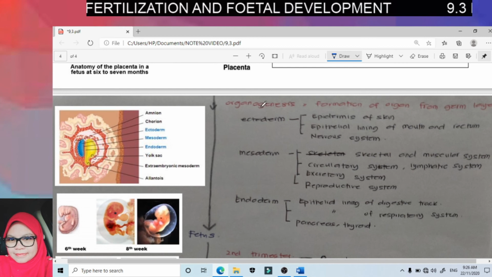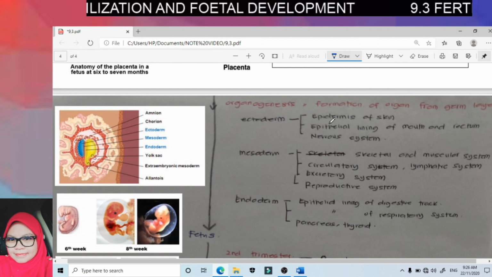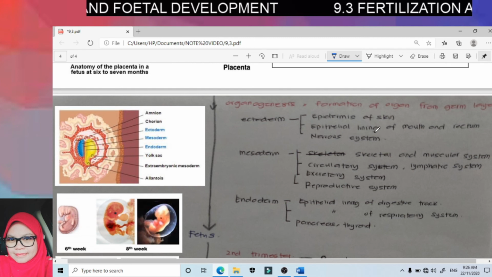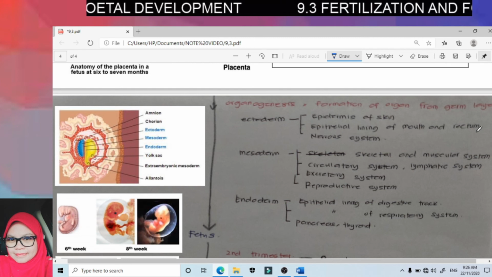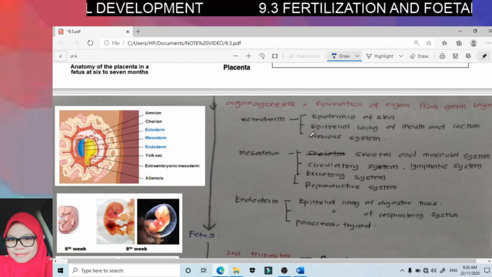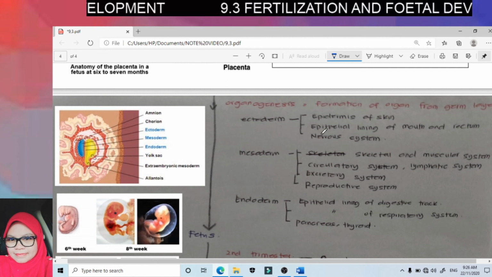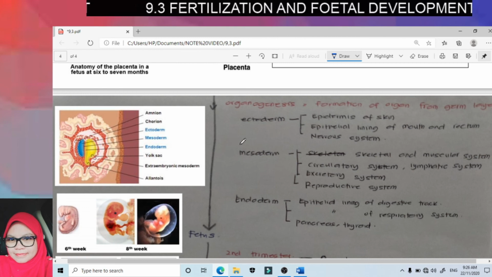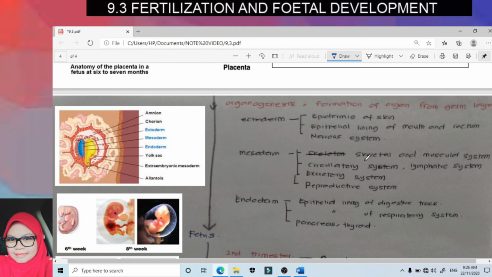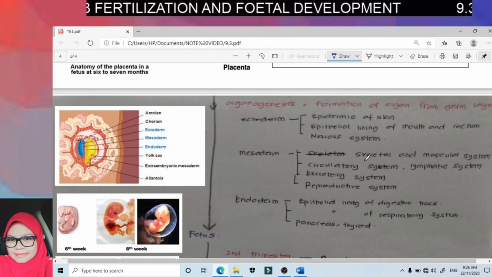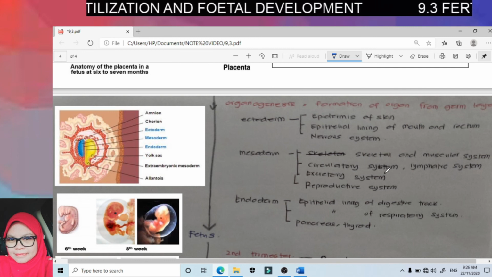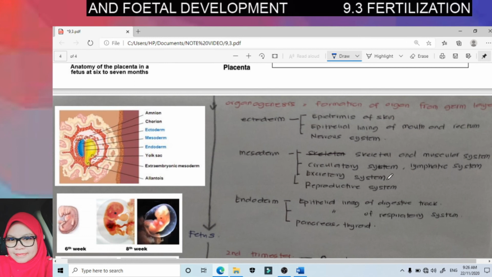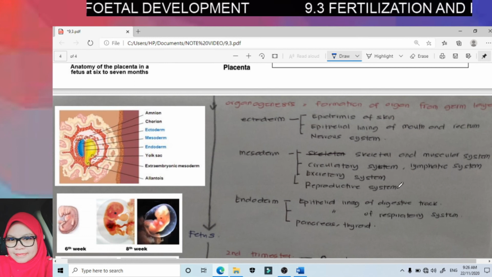For example, the ectoderm will form the epidermis of the skin, and it also will become the epithelial lining of the mouth and rectum. And ectoderm will develop into the nervous system. The mesoderm layer may develop to form the skeletal and muscular system, circulatory system, lymphatic system, excretory system, and also reproductive system.